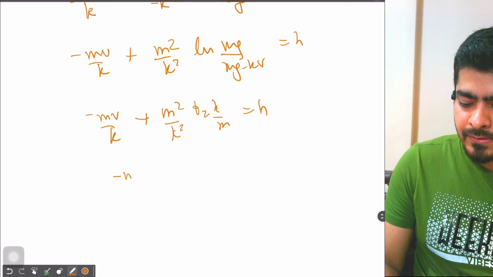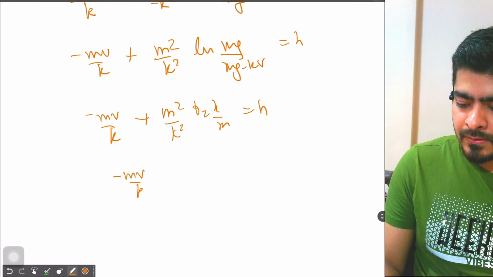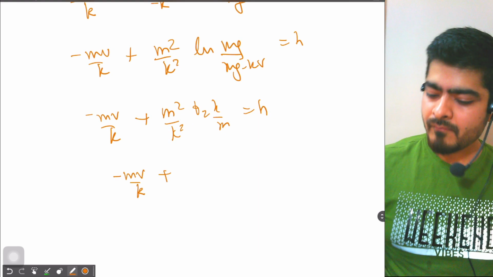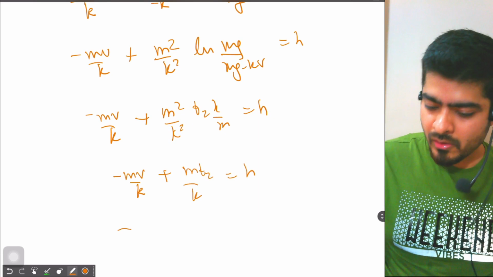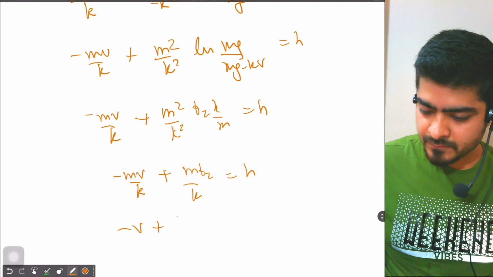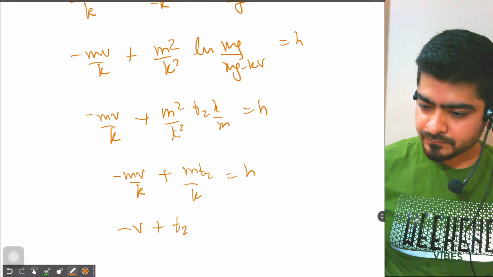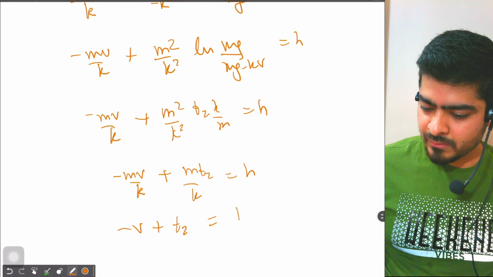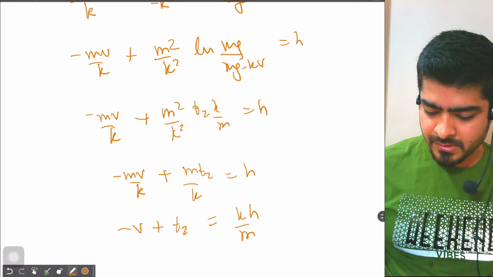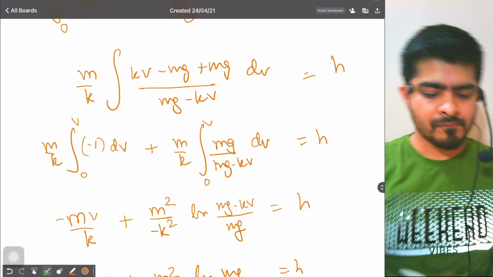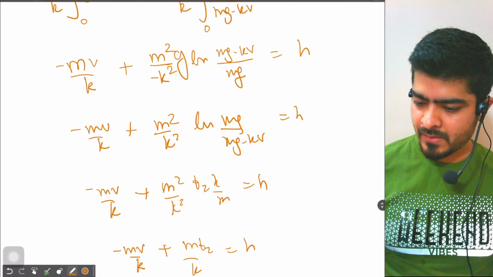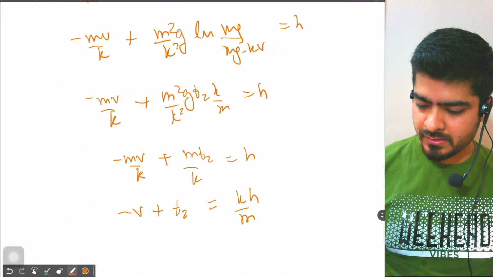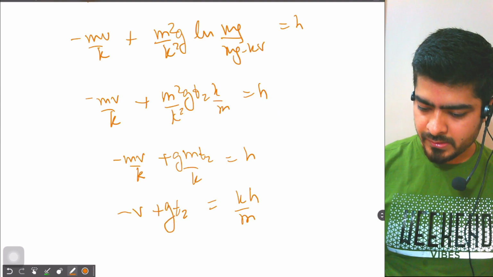So minus mv by k plus m t2 by k is equal to h, or minus v plus t2 is equal to kh by m. Did I miss g somewhere? Yes, here we have missed a g. So we have g over here and g over here.